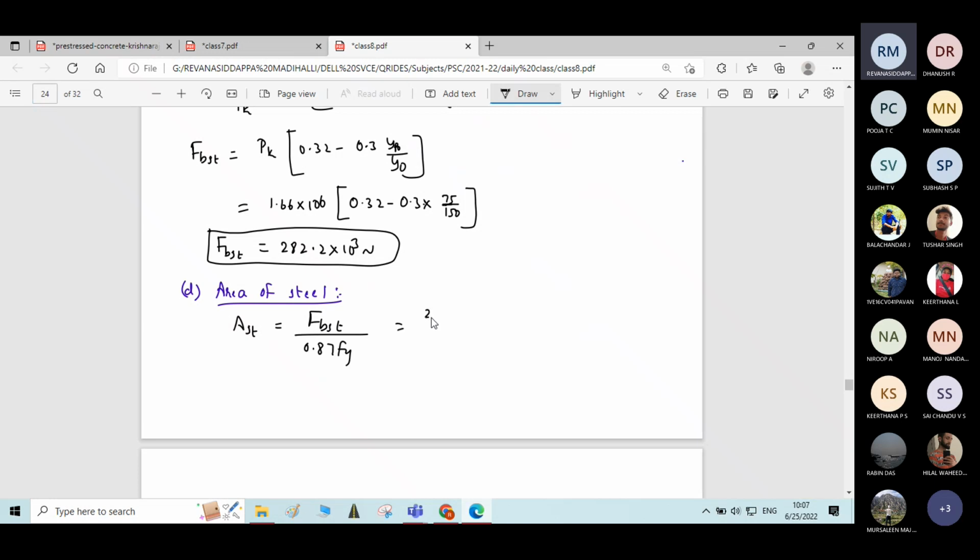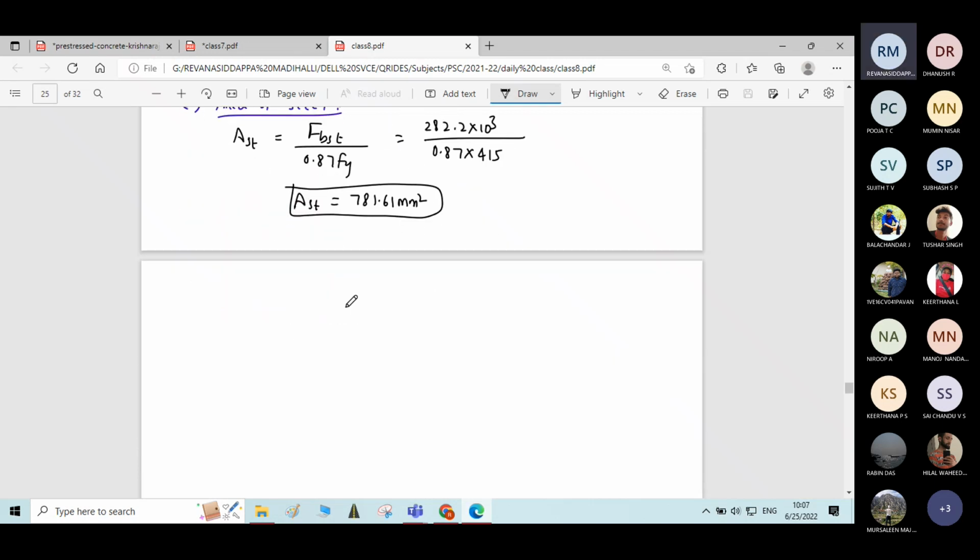Therefore, 282.2 into 10 power 3 Newton, the bursting force, divided by 0.87 into 415. Therefore, the area of steel required is equal to 781.61 mm square.